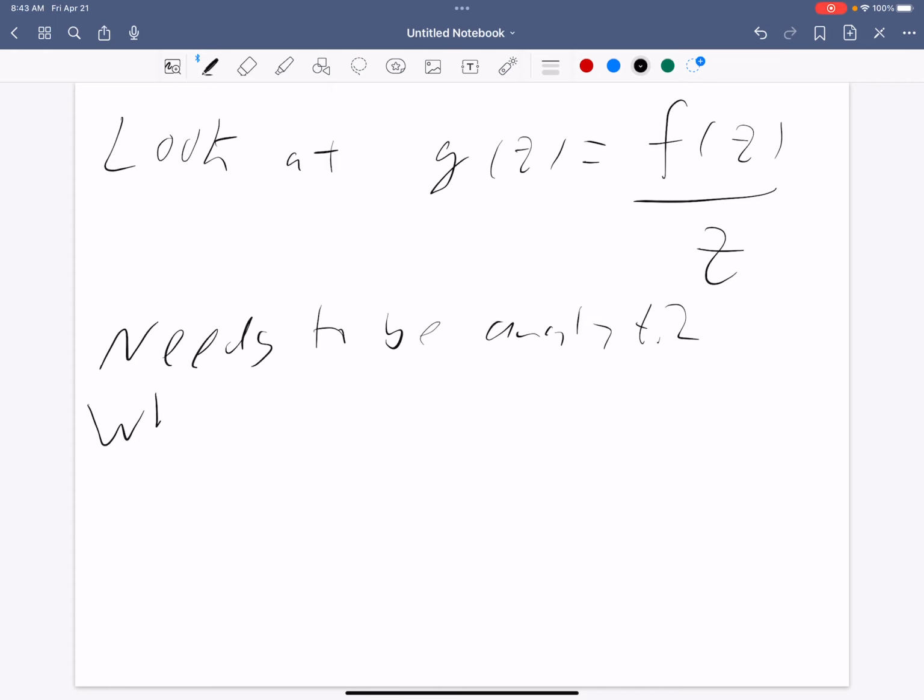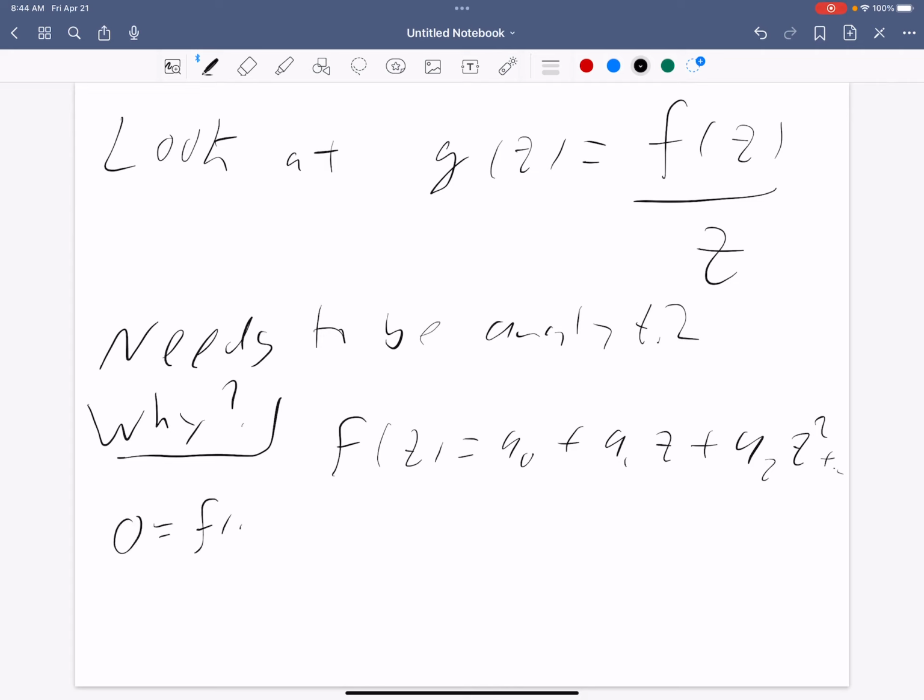And why is that true? Well, note our f, since we are analytic, has to be a power series, and we could center it at 0. But we know that since f of 0 is equal to 0, the constant term does not exist.